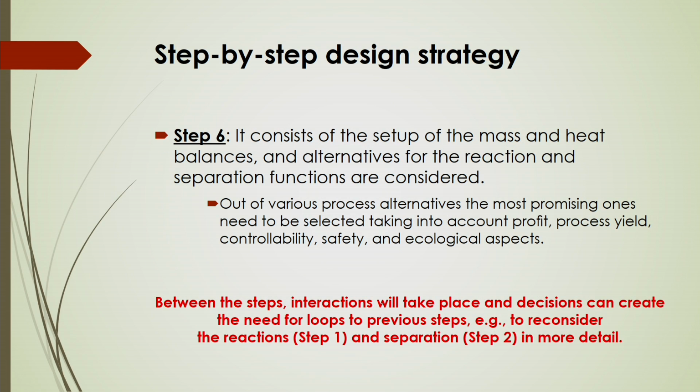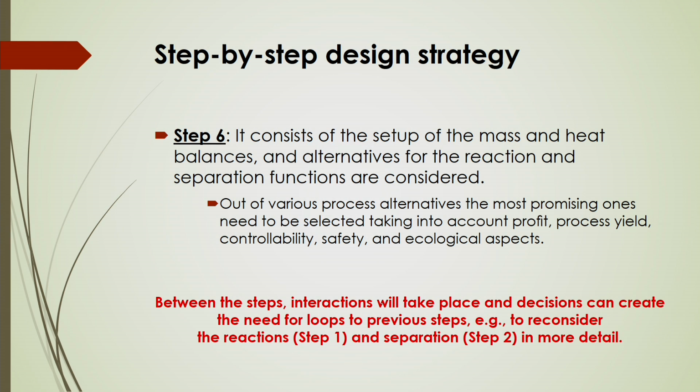And the final step consists of the setup of the mass and heat balances, and then based on those heat and mass balances, you have to make functions of the process yield, whether it is separation or reactions, or a combination of reaction and separation or not. Out of various process alternatives, the most promising ones need to be selected by considering the profit, process yield, controllability, safety and ecological aspects.